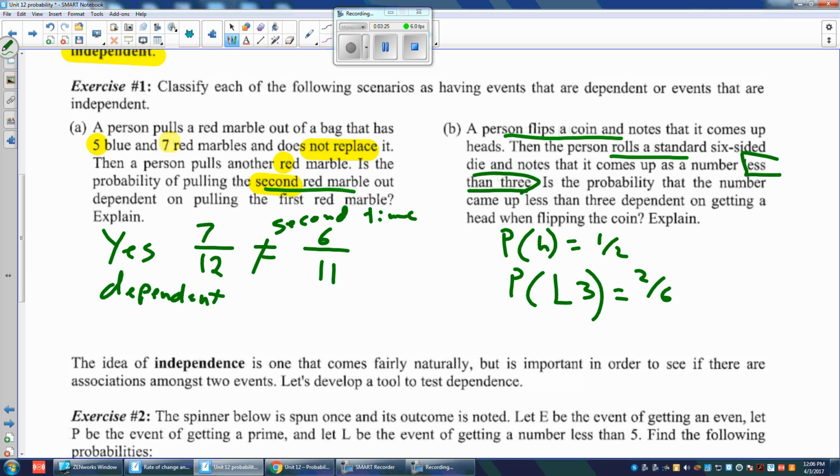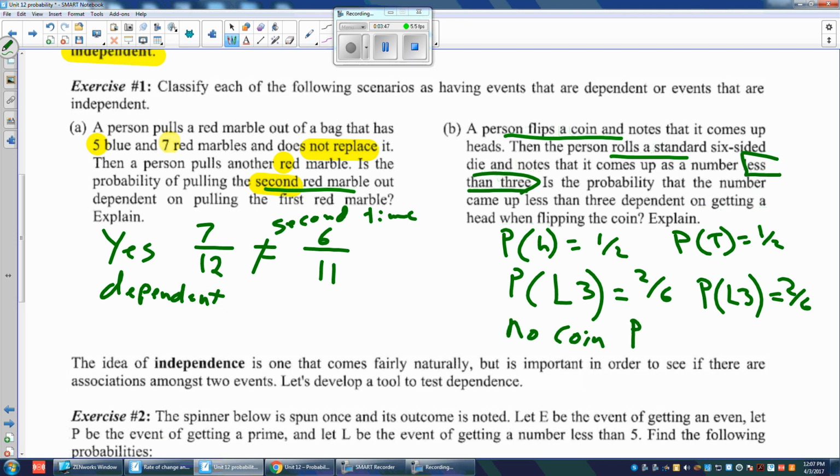Okay, now, what if I got a tail? What's the probability of getting a less than 3? The probability of getting a less than 3 still is 2 out of 6. Let's say I don't even flip the coin. No coin.